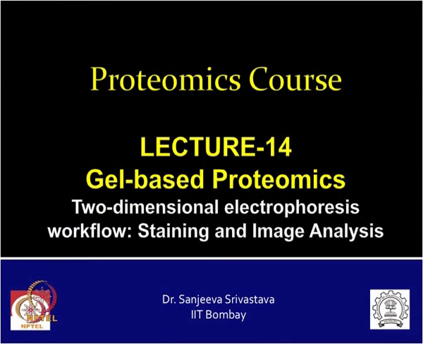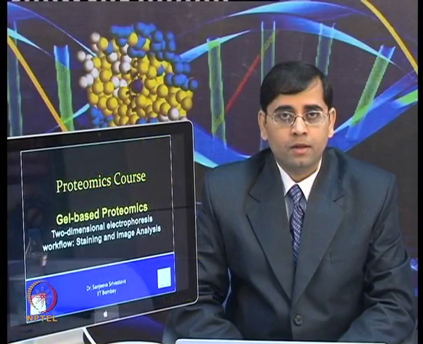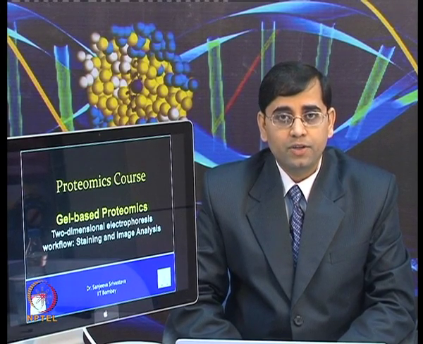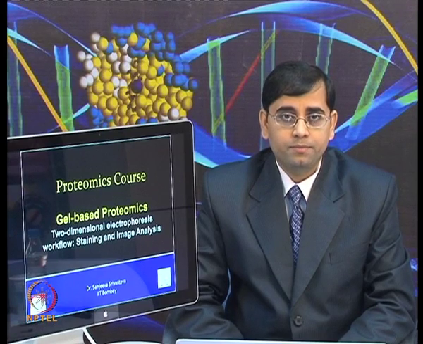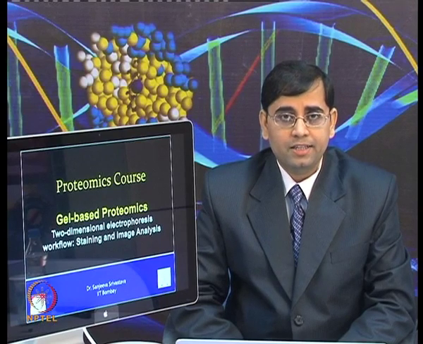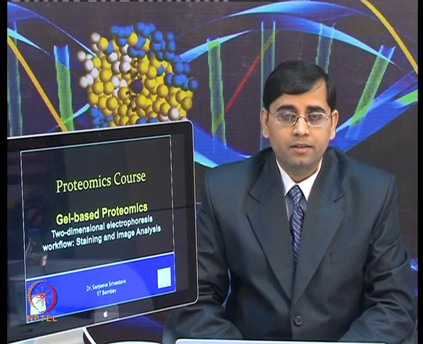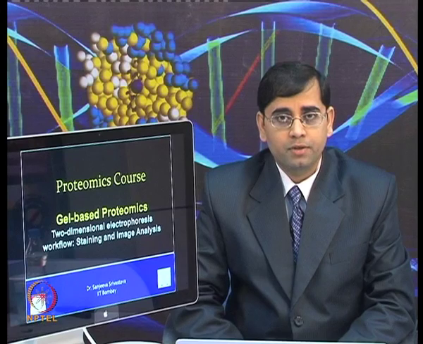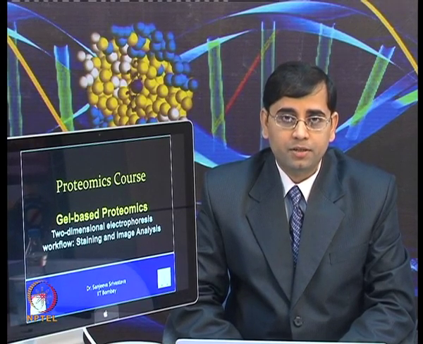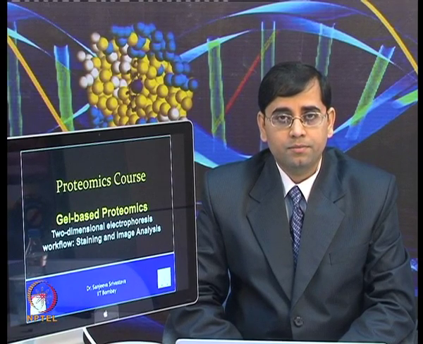We started discussing the workflow of how to perform two-dimensional gel electrophoresis. I gave you a stepwise method in which the first step was to do the isoelectric focusing, the second step equilibrating the immobilized pH gradient strip to make it compatible for the second dimension separation in SDS PAGE.